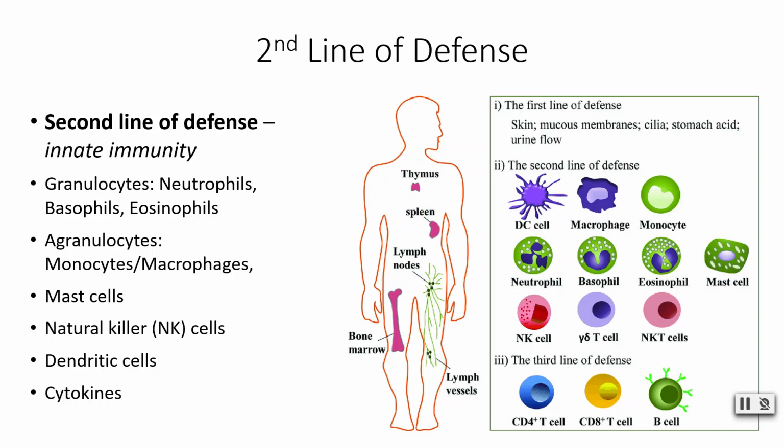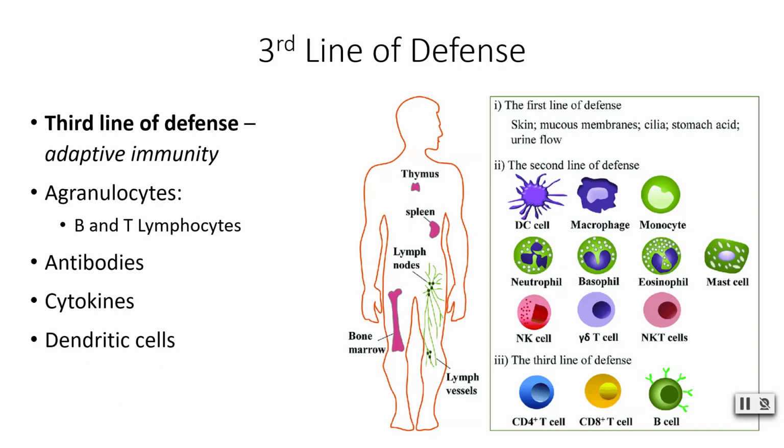All of those are going to respond in the same way regardless of what the pathogen is. The same goes for mast cells, natural killer cells, dendritic cells, and cytokines. Remember, the innate is the non-specific, so it doesn't really matter what's causing us problems, the reactions are going to be the same.